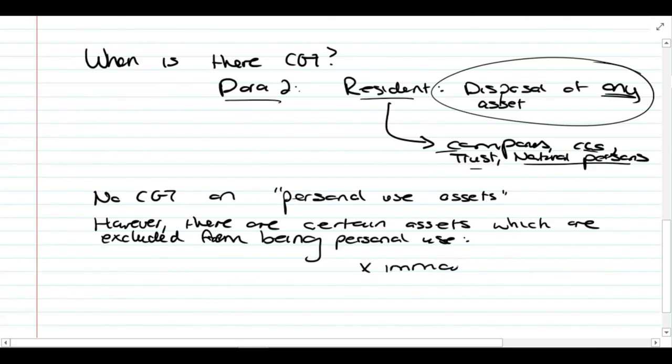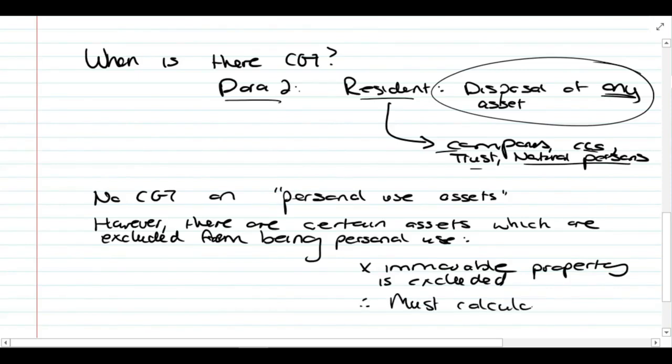Immovable property, and that's what we have in this situation. Immovable property is excluded. So thus, you must calculate CGT. These are all just general points if you think about it.